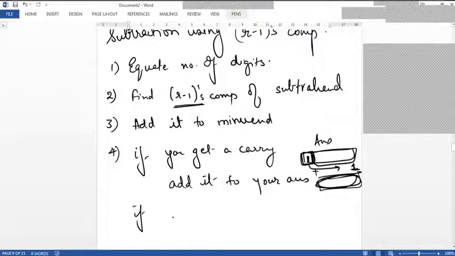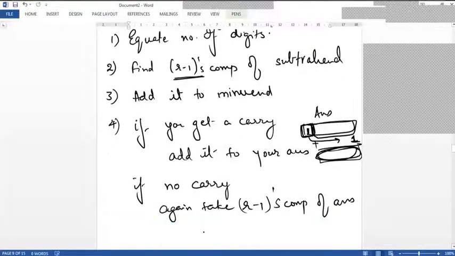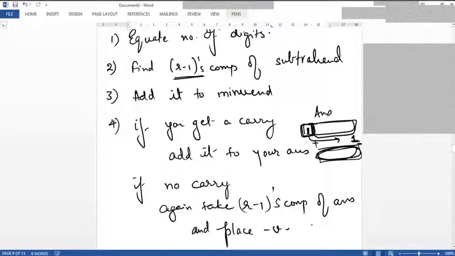If no carry, again, take r minus 1's complement of the answer and place a negative sign. So only one change here in this step.